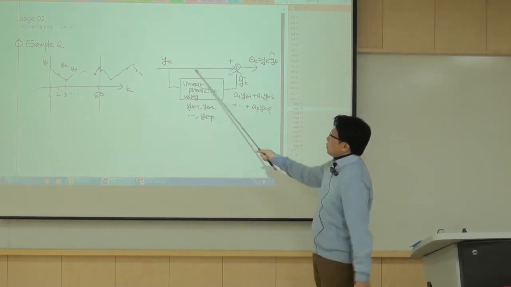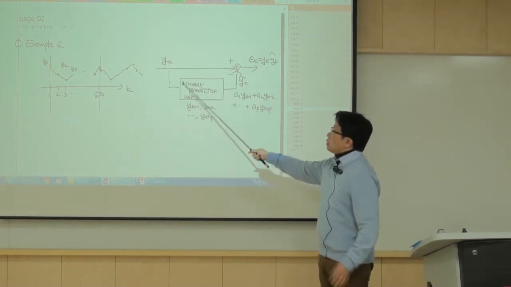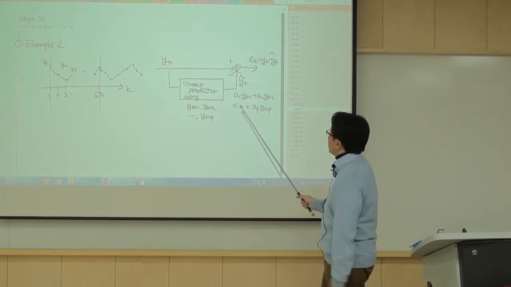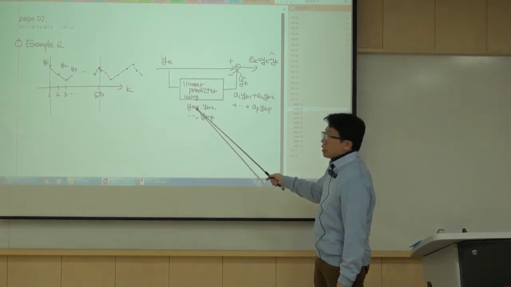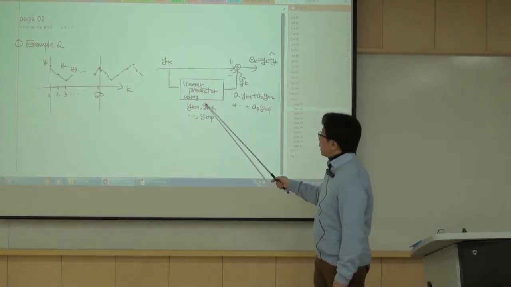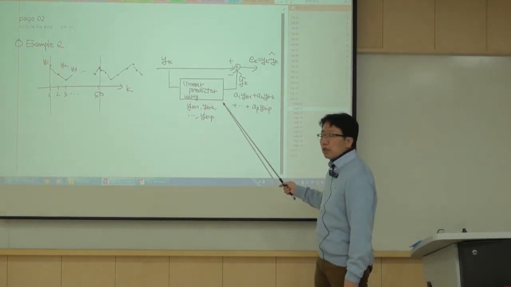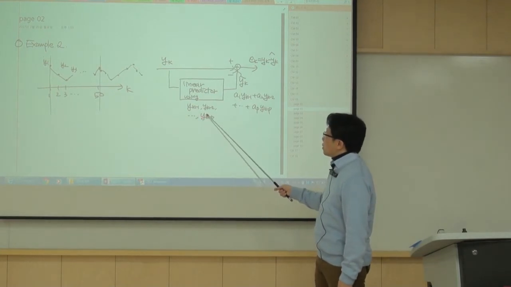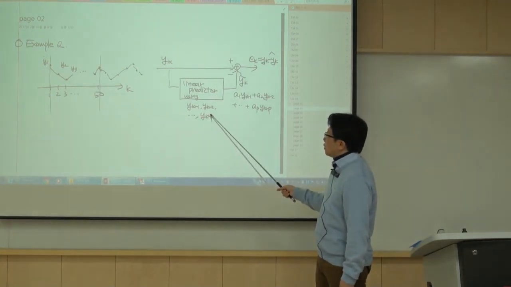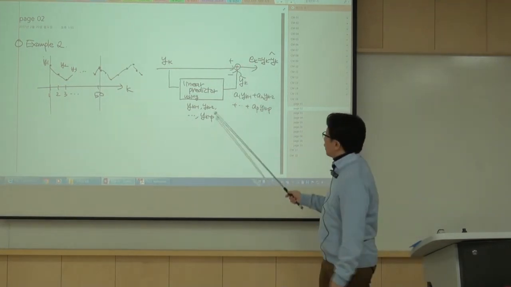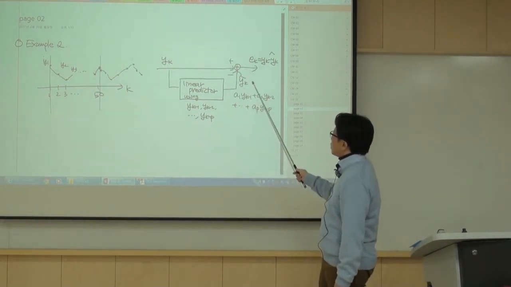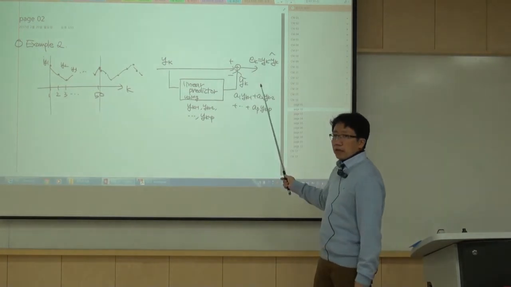If you need some time to compute this, probably your linear predictor may use y_{k-100}, y_{k-101}, and y_{k-100-p}, something like that. And then, again, still this is y_k hat.